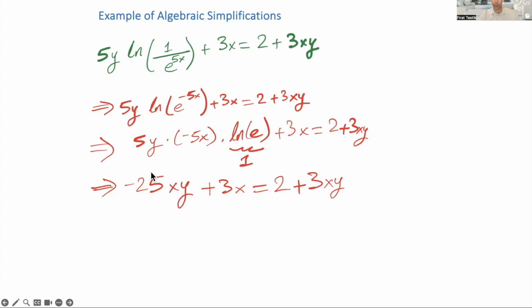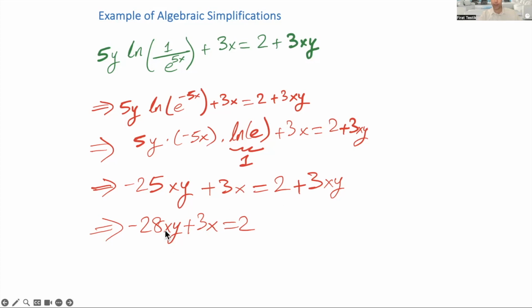Now, as you can see, we have negative 25xy on the left and positive 3xy on the right. So we can combine these two terms with the same variables. We move the positive 3xy to the left side of the equation, which becomes negative 3xy. When we sum it up with negative 25xy, we end up with negative 28xy plus 3x, our second term, is equal to 2.